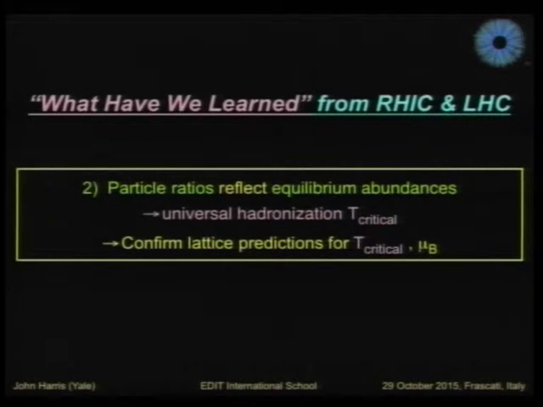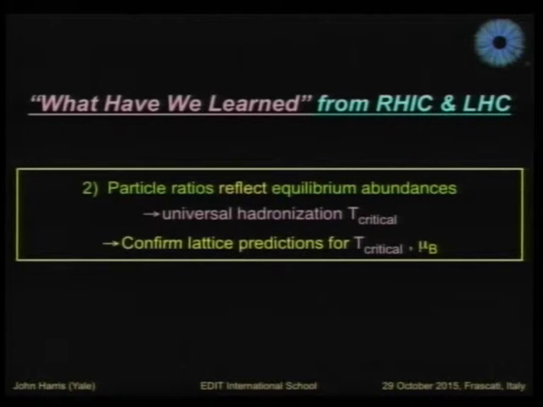So, point two that I want to make, what have we learned? Turns out that if you take the particle ratios, and then you look at, let's say, a thermal model, assume that everything's in equilibrium and that you make particles when you hit a certain temperature and baryochemical potential, which is very low here anyway.